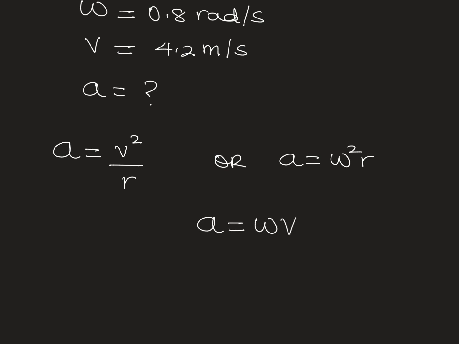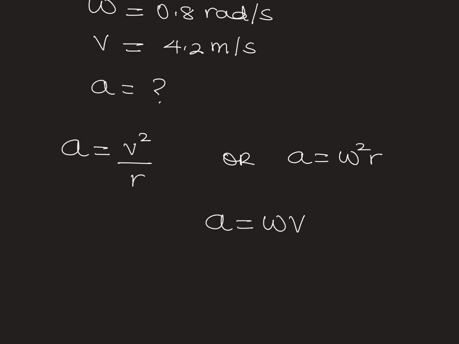I will show you how that is derived. If we want to use the previous formulas, we have to find the radius because the radius is not given in the question, right? So let's try to do that.